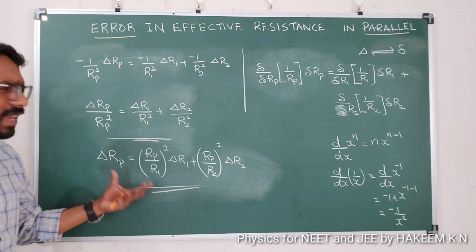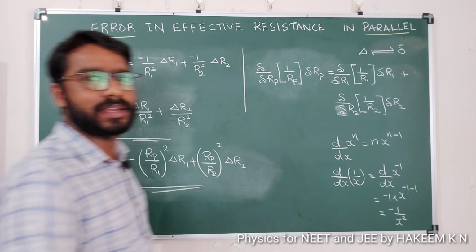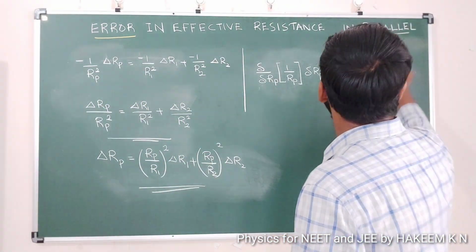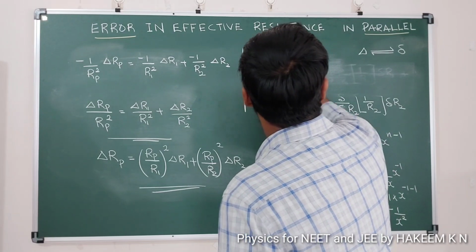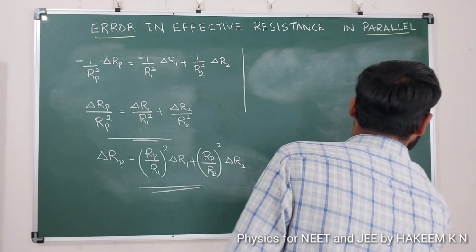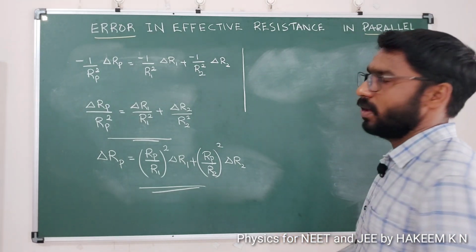And we can make a general formula, like we started with if z equal to a plus b. Like that we can write a general formula for error calculation in reciprocals.